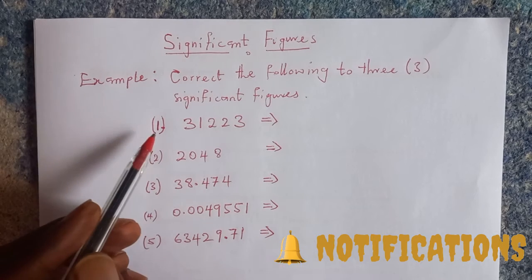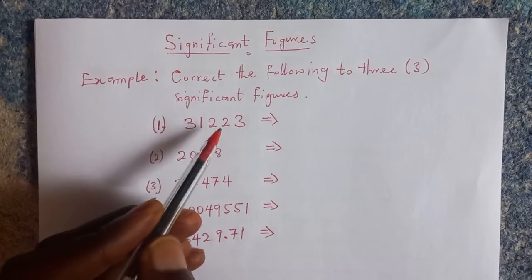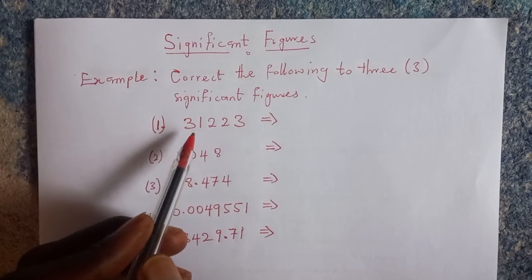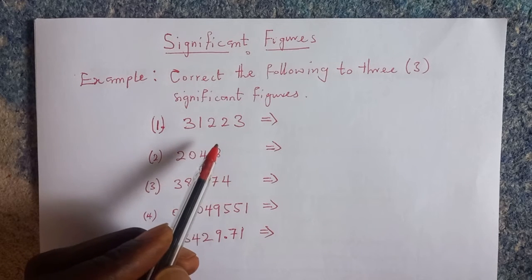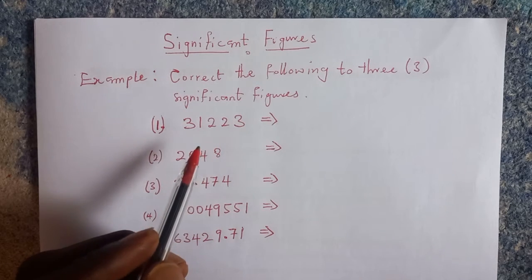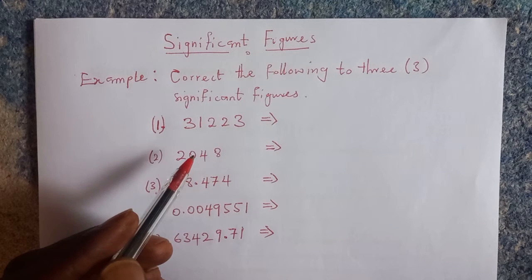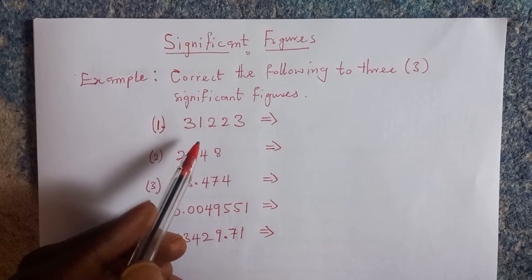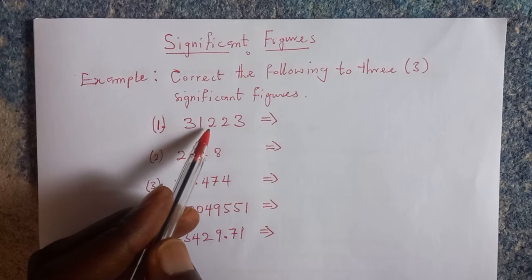In the first example, we have 31,223. These digits are all significant. If we want to write this in three significant figures, it means that we are going to move from left to right.